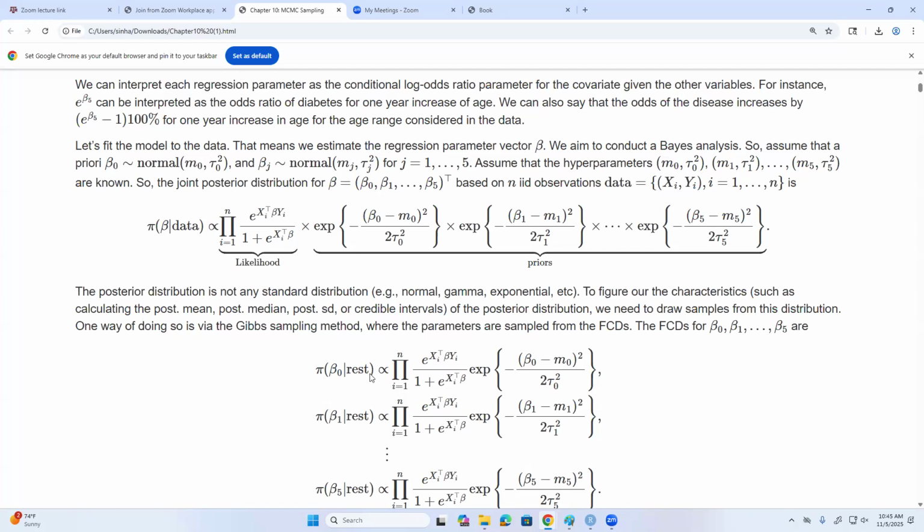Now, the full conditional distribution of beta 0 involves the likelihood and the prior part of beta sub 0. Notice that in the likelihood, you cannot separate out the contribution of beta sub 0 and the rest of the parameters. They appear in such a complex way that you cannot separate them.